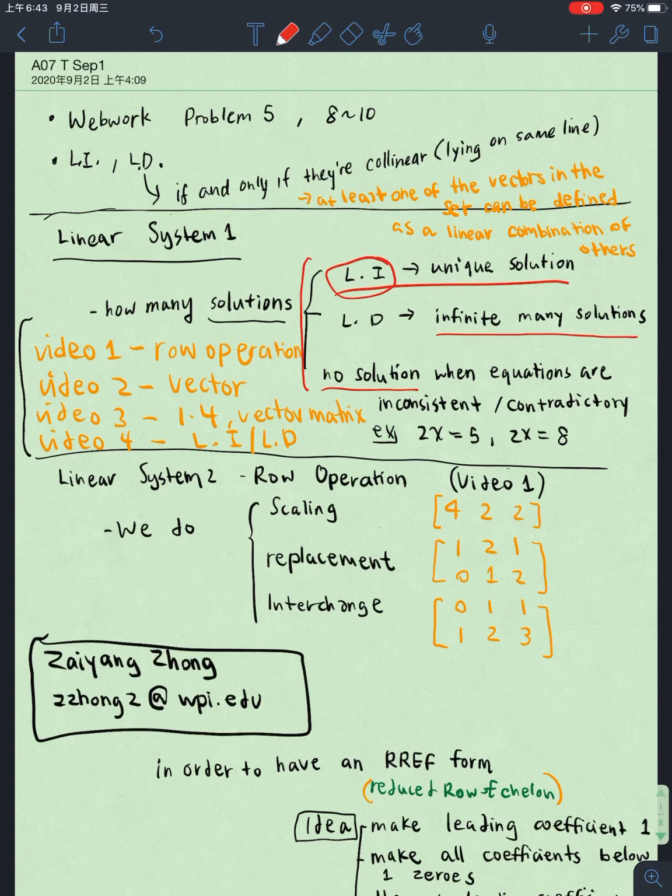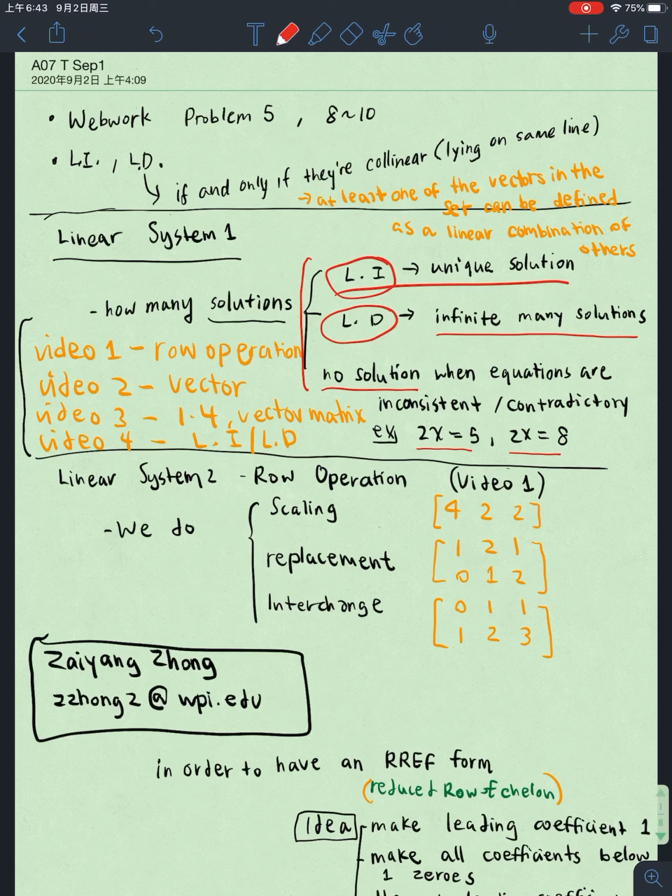If it has infinitely many solutions, it's linearly dependent. And if there are no solutions at all, it means the equations are inconsistent or contradictory to each other. For example, if you have 2x equals 5 and 2x equals 8, it just doesn't work, right? So for this kind of matrix, there will be no solution at all.